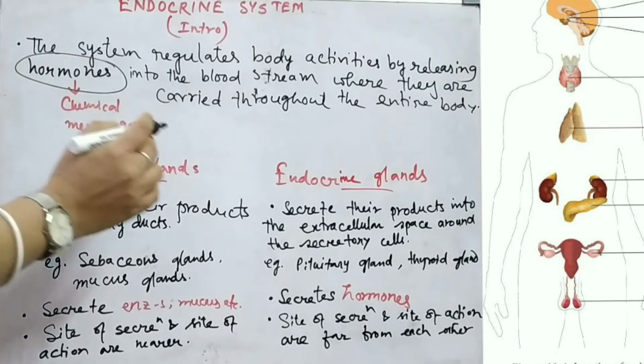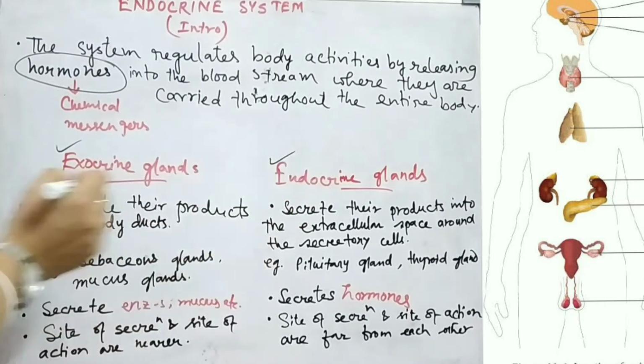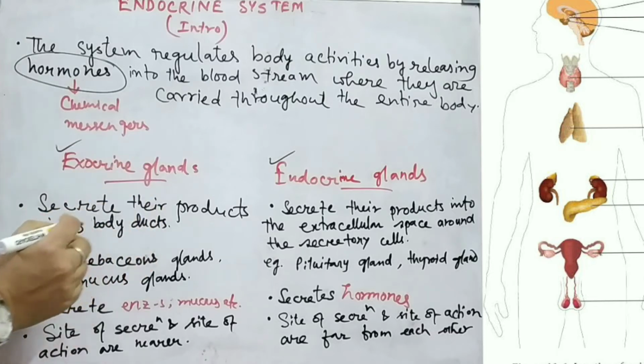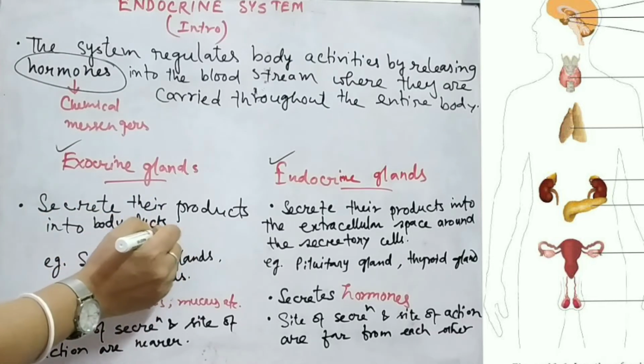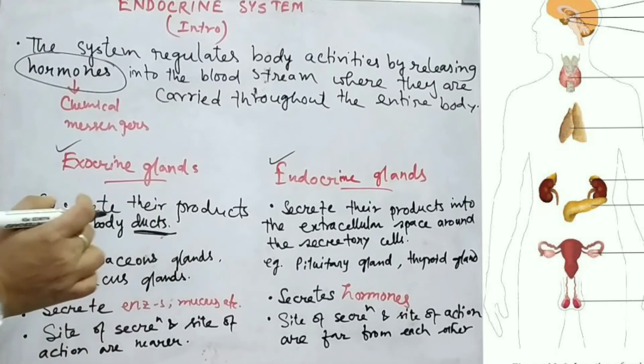Two different types of glands, exocrine glands and endocrine glands, are present in our body. The glandular epithelial tissues are of different types. In the exocrine glands, these glands secrete their products into ducts, so they are known as glands which have ducts.